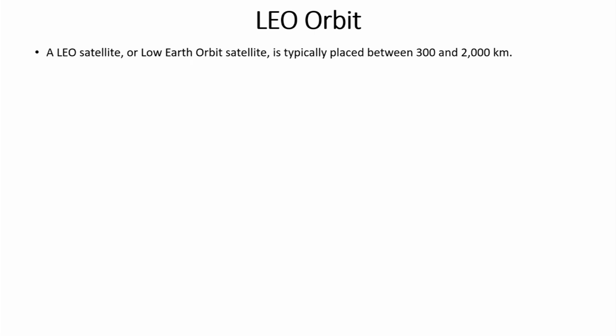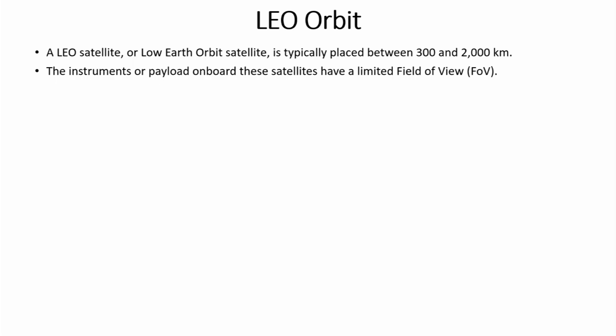Now, let us come to low Earth orbit. Here the satellite is typically placed between 300 to 2000 kilometers. Since the satellite is at a lower altitude, its field of view, or area of coverage, will be smaller.